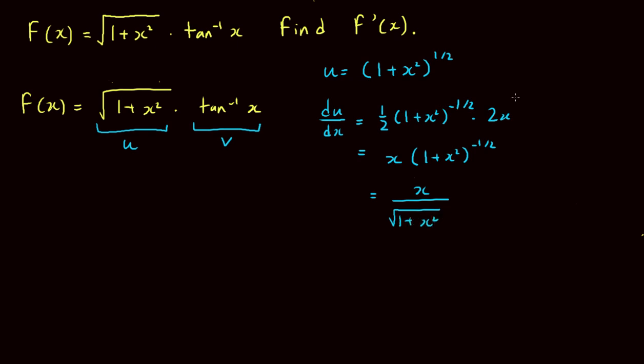For v, it is just tangent inverse of x. So dv/dx, if I'm not mistaken, should be 1 over 1 plus x squared, the derivative of tangent inverse.